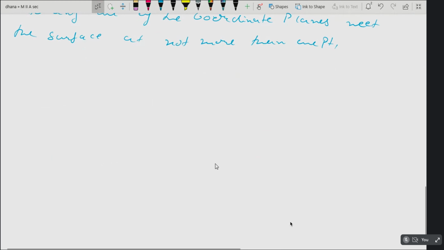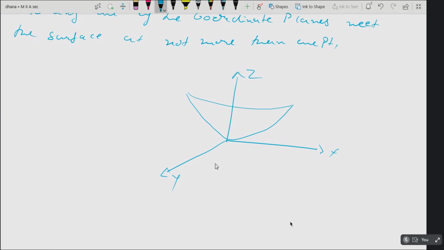Okay. For example, suppose you consider a paraboloid. This is the x-axis, this is your y-axis. Let me take this as the z-axis. You consider a paraboloid, and a plane also you consider here. Some plane you consider.